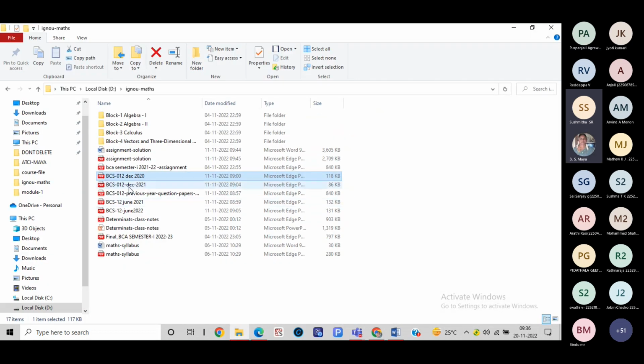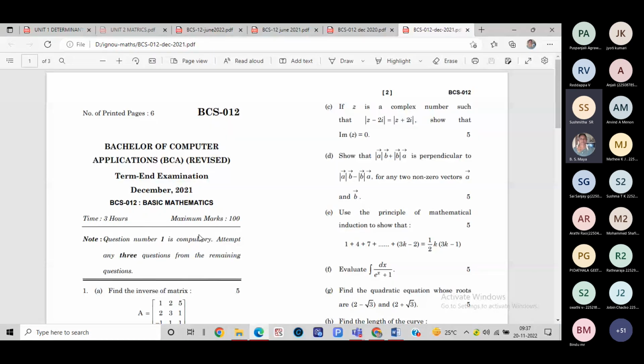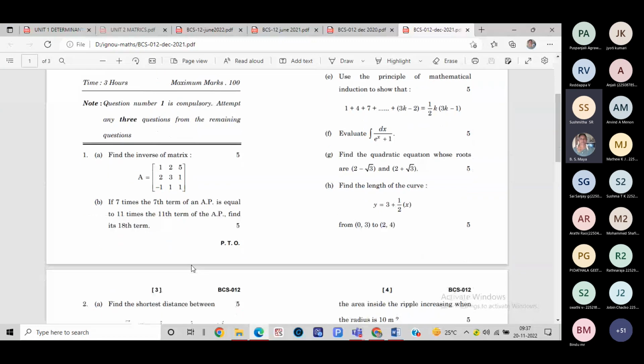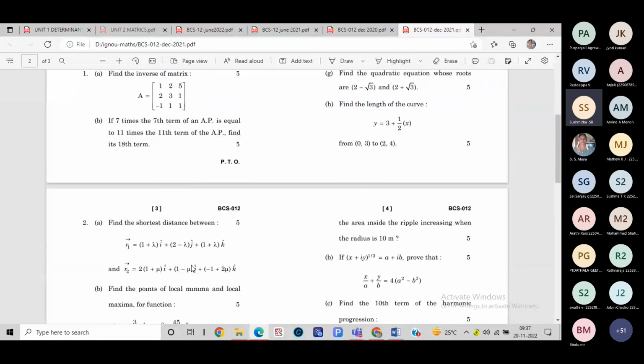And December 2021, I will check it out. If you prepare the last 2 years, it is one.